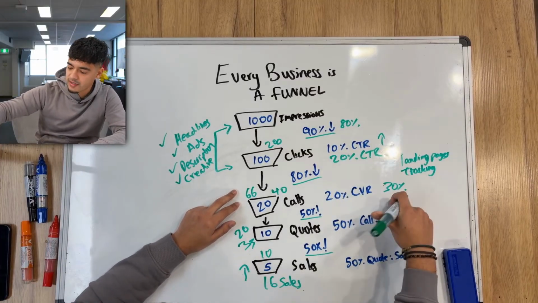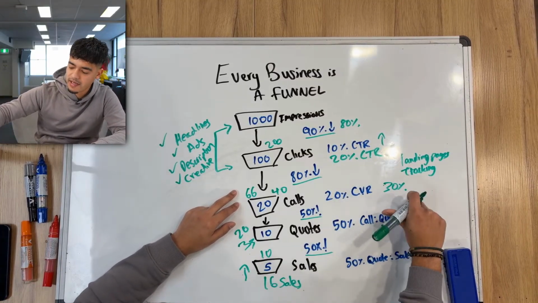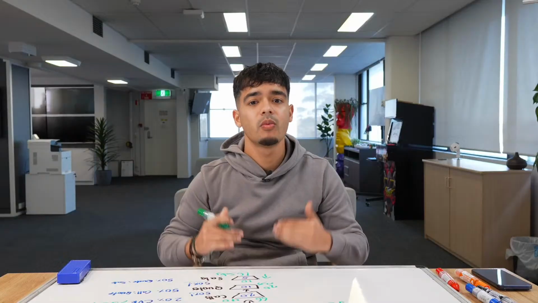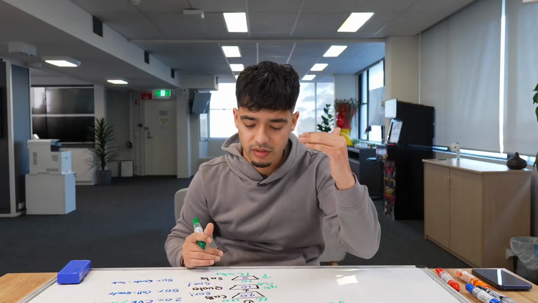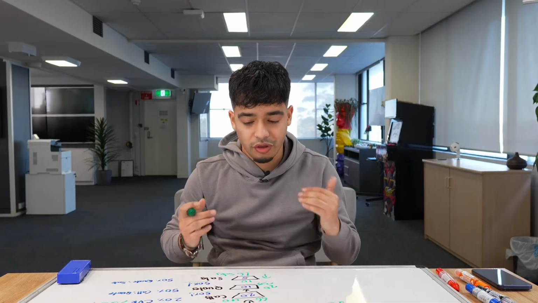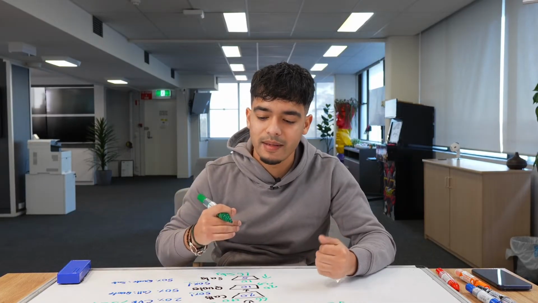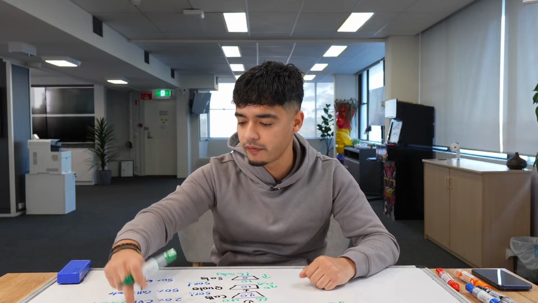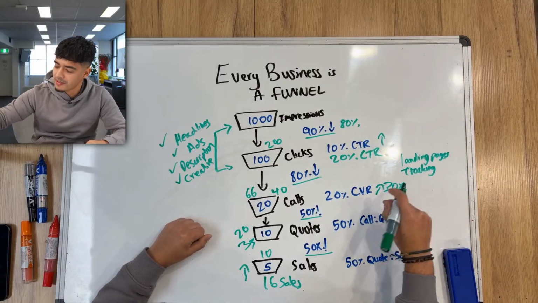And that is just a 10% or 50% improvement or a 10% uplift on your conversion rate, which means now what we've done is we've gone from 1,000 impressions that led to 5 sales, and we've gone to those same 1,000 impressions leading to 16 sales, which is a 3x improvement only by improving your click-through rate by 10%, and also by improving your landing page by a further 10%.